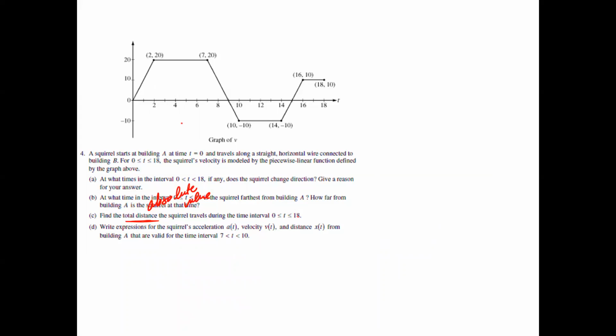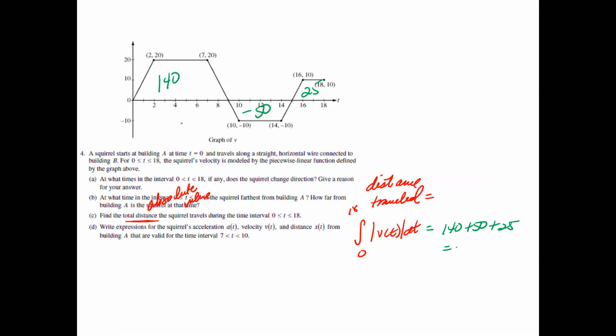So then when I look at this right here, your distance traveled is going to be the integral from 0 to 18 of the absolute value of v of t dt. And since it's an absolute value, the negative does not matter. Okay, remember this one was 140. This is a negative 50. This one was a 25. And it's just going to be 140 plus 50 plus 25, which is going to be 215.